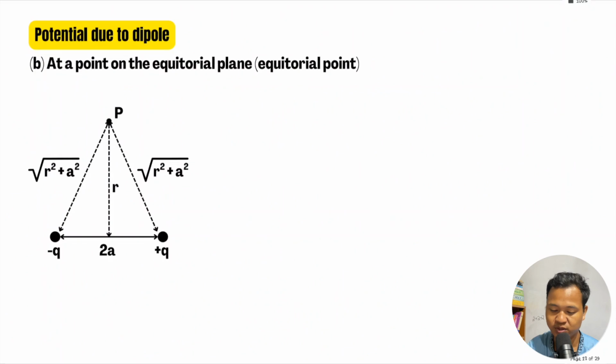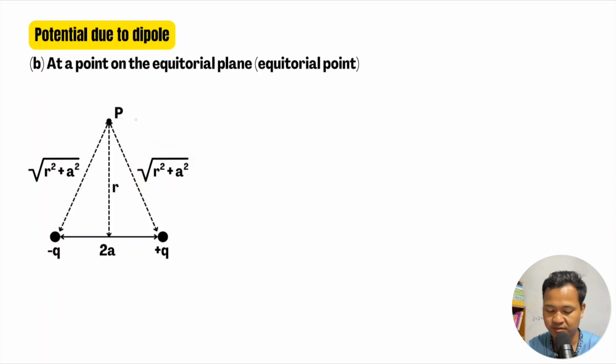Now for the equatorial point. The arrangement is the dipole moment with point P on the equatorial line at distance r, and the distance from each charge is root over r square plus a square. Similarly on this side also.